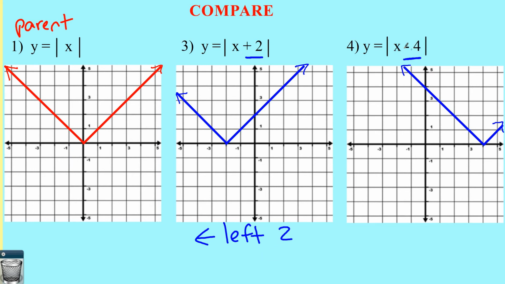And notice when I subtracted 4, my parent function shifted to the right 4. So when we add or subtract, we're moving left or right along our x-axis. And that makes sense because we're directly affecting x. But you kind of have to think about it, you do the opposite of what you want. Because when we're adding 2, we're going to the left. When we're subtracting 4, we're going to the right.